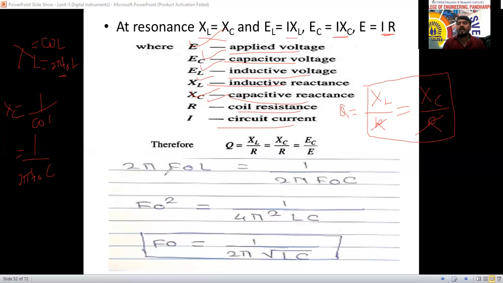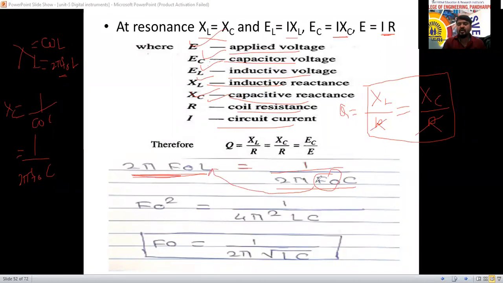XL equals omega L and XC equals 1 by omega C. Omega equals 2 pi F naught. So XL equals 2 pi F naught L, and XC equals 1 by 2 pi F naught C. Now I will send this denominator to the LHS side, where it multiplies and goes to the numerator.